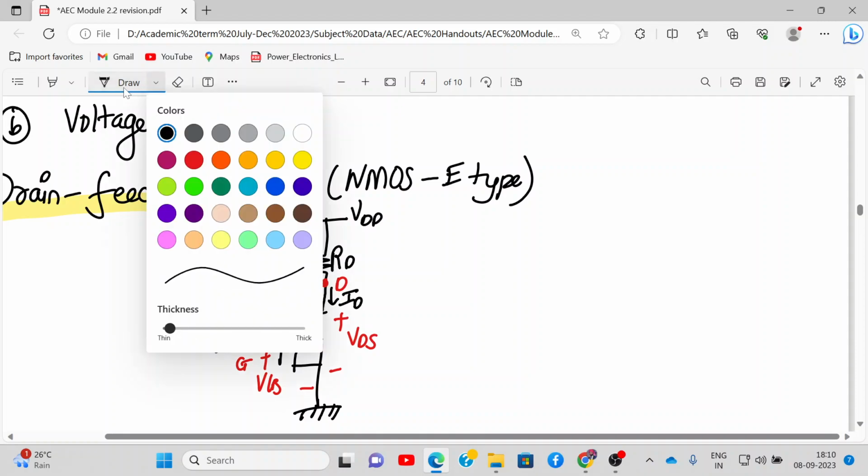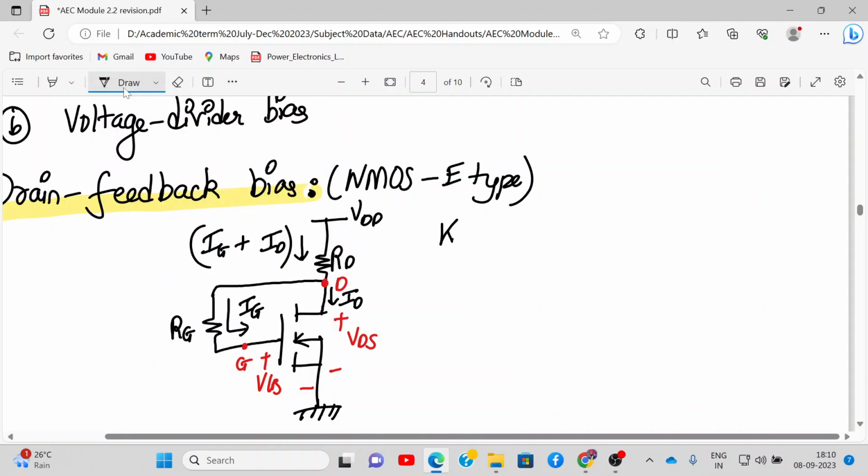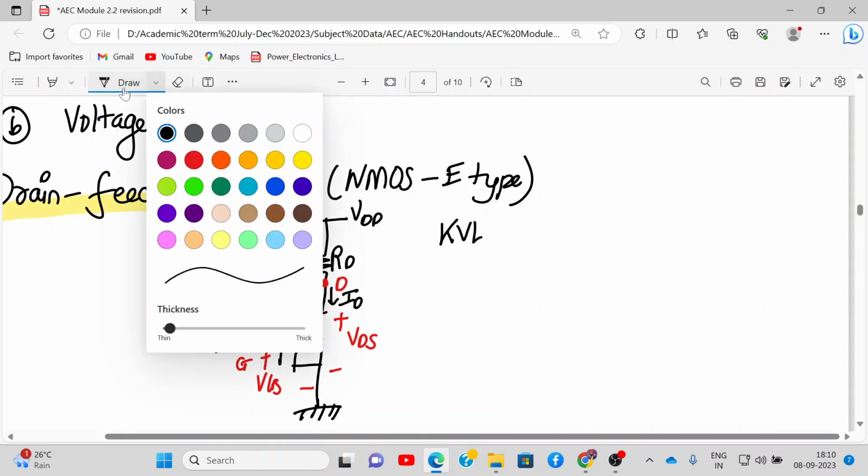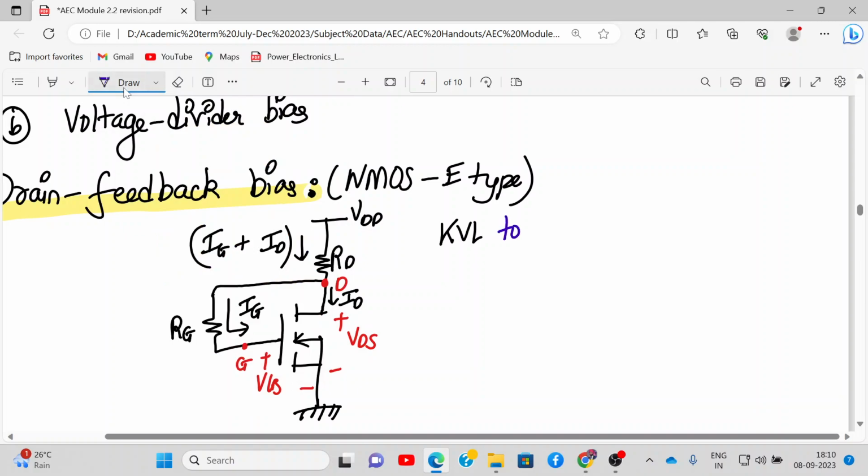Now we apply KVL to the gate source loop. So what is my gate source loop? From here to here. So tell me what will be the equation?